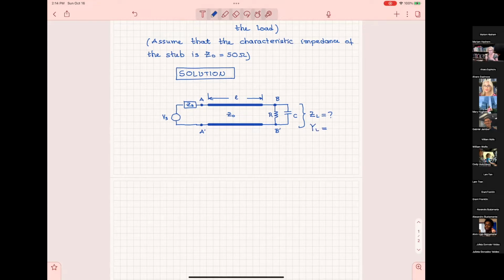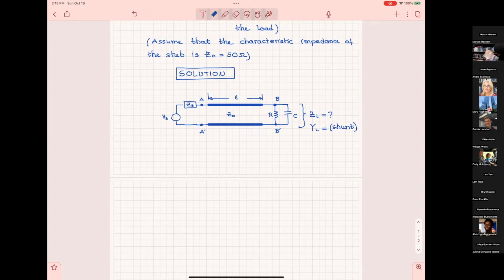Because the R and C are connected in parallel. If R and C were connected in series, I would have selected ZL to work with. All right, so now I work with YL because I write here shunt to remember that R and C are in shunt configuration.